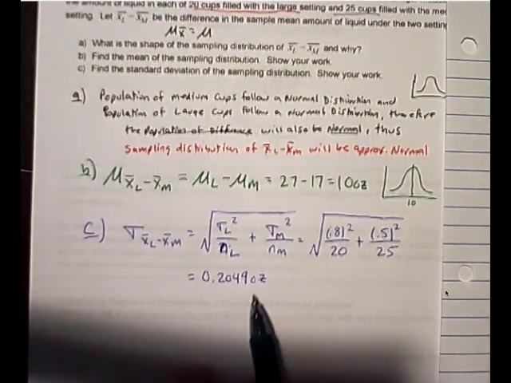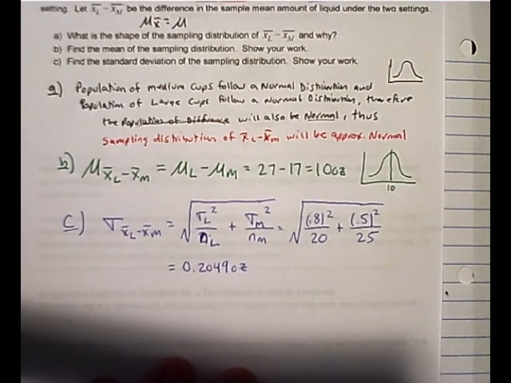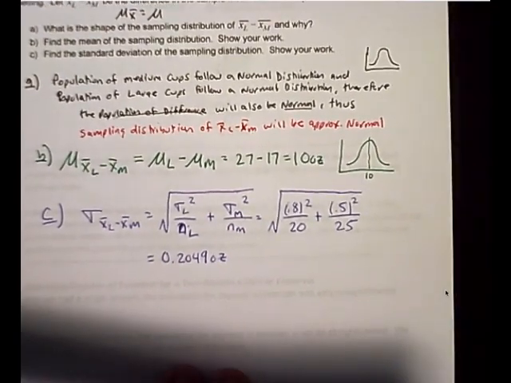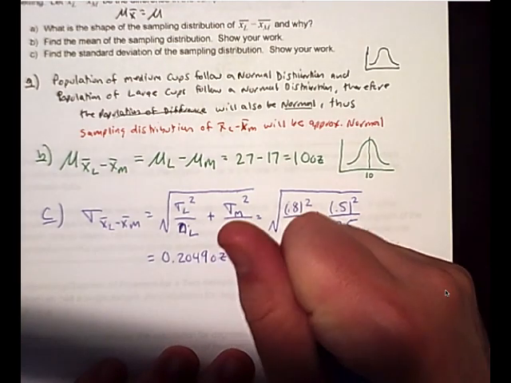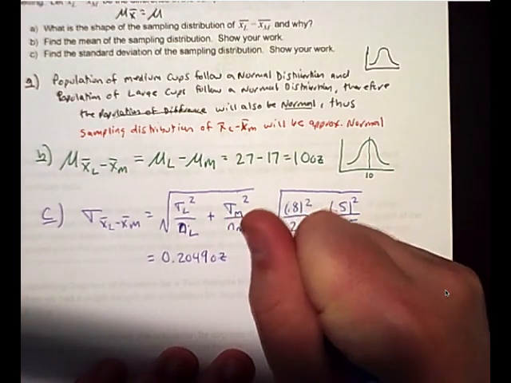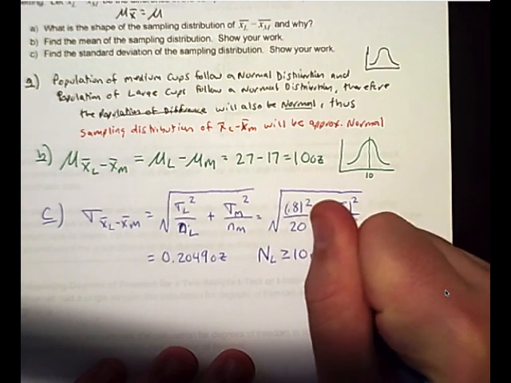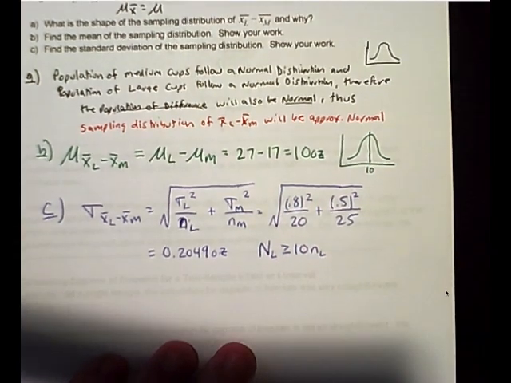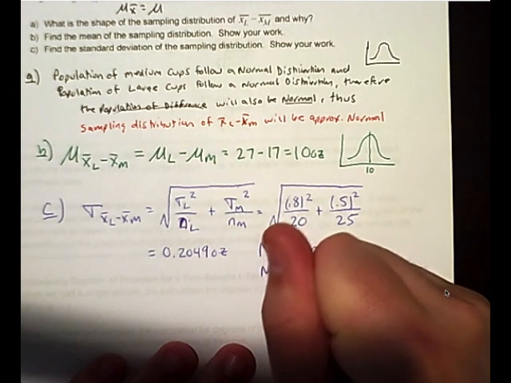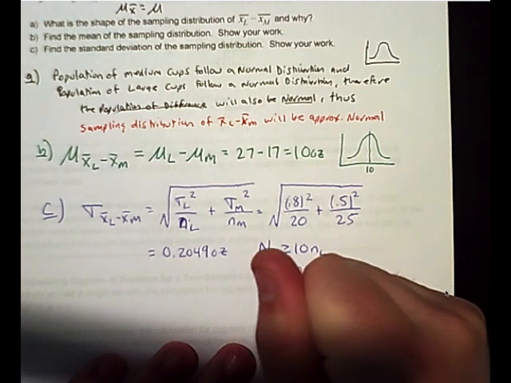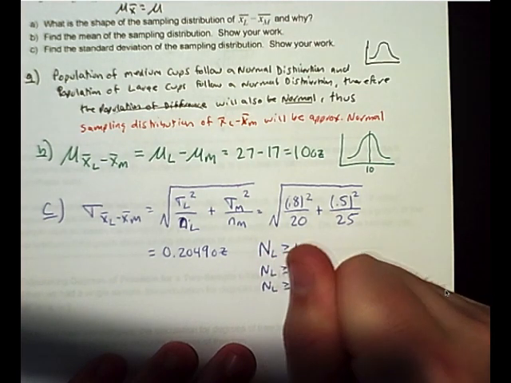Now, before I actually use that formula, I should be checking the 10% condition. Is the population of large cups greater than 10 times the sample size of large cups? In this case, I think this is a pretty safe assumption.